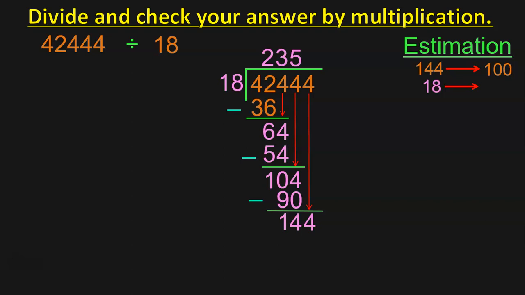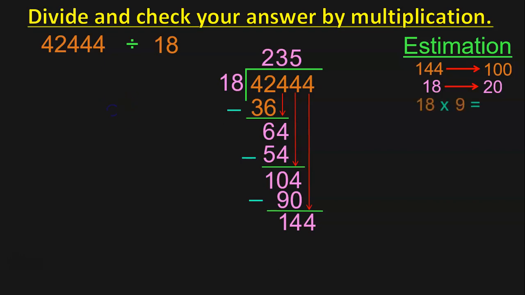Rounding off 18 to the nearest tens will be 20, and 100 divided by 20 will give you 5, and just now we saw that 18 into 5 is 90, which is very much lesser than 144. So let us try the next numbers. We know that 18 into 10 will give you 180. So the quotient should be somewhere between 6, 7, 8 or 9.